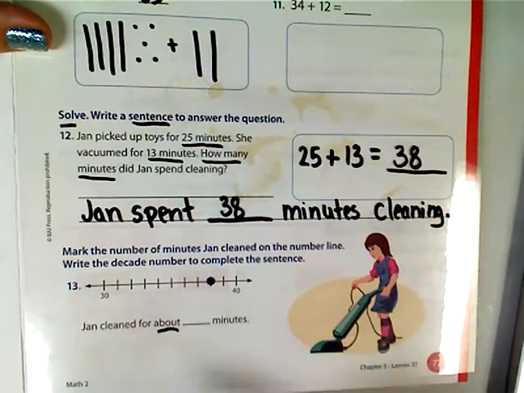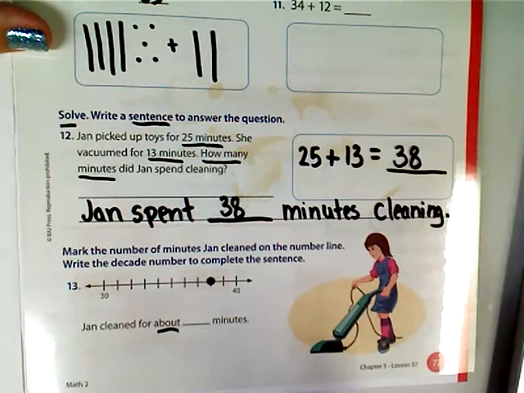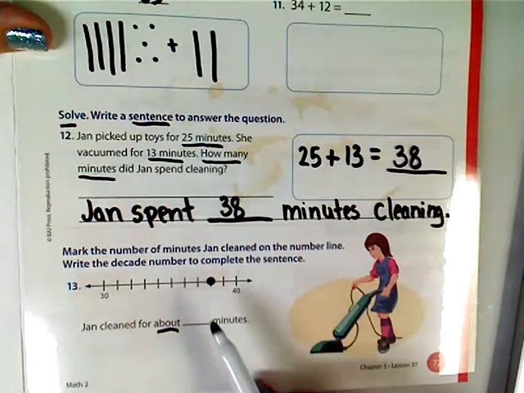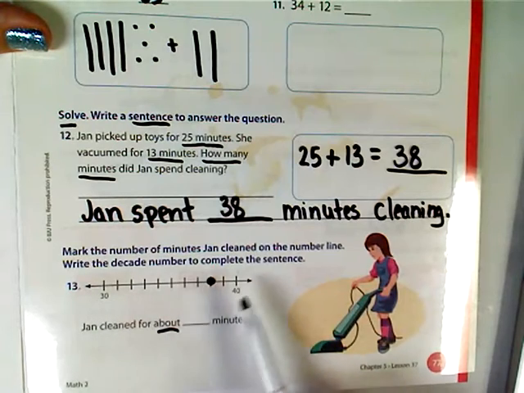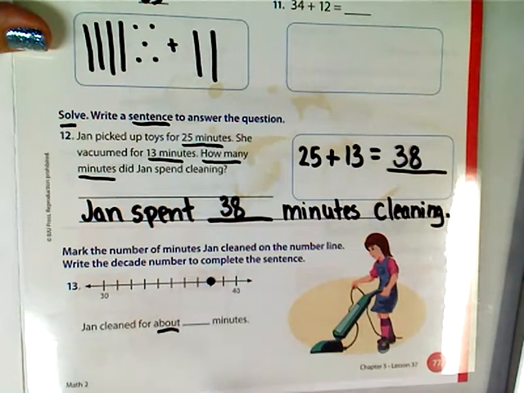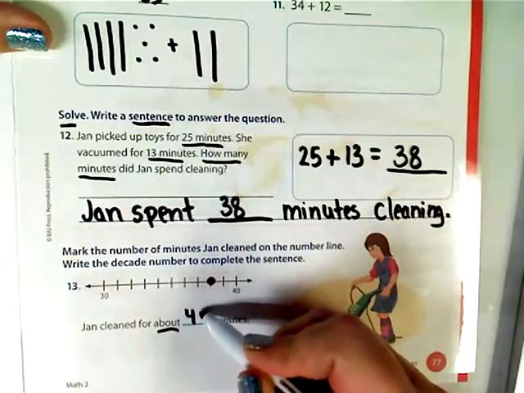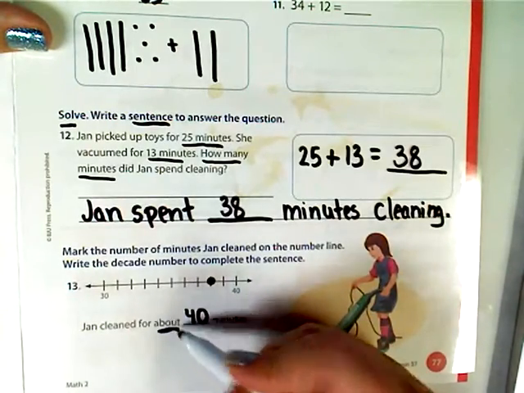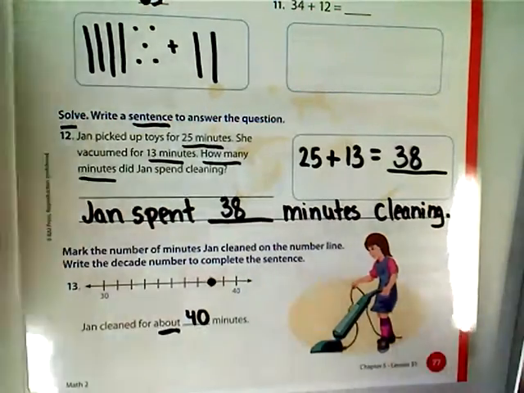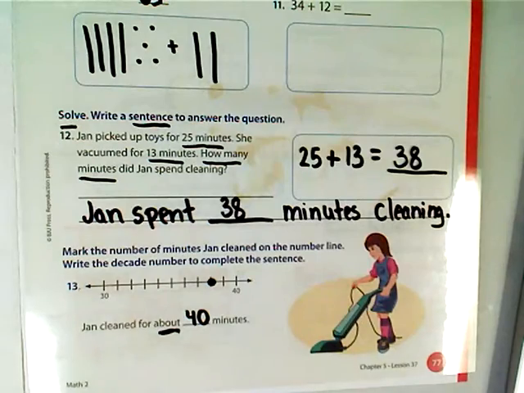Again, when we see that word about, that tells us to estimate, right? What is it closest to? What decade number is it closer to? Is 38 closer to 30? Or is 38 closer to 40? Right? And we can see that it is closer to 40. So anytime we see that word about, that tells us that we're going to round or we're going to estimate.